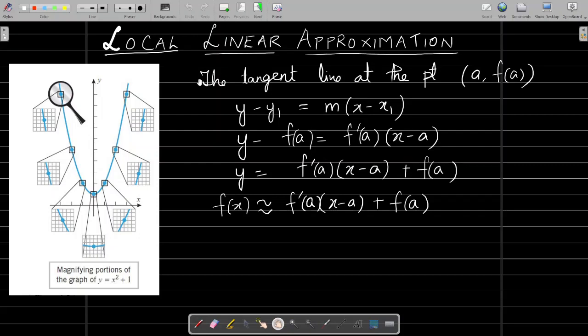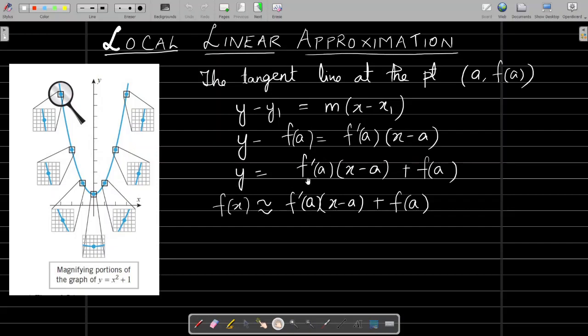Now theoretically speaking, what we are going to do is first write down the equation of the tangent at a given point. So suppose we have a point x1, y1, we know the equation of the tangent is y minus y1 is equal to m into x minus x1. So at a given point a, f of a, the equation of the tangent will be y minus f of a is equal to f dash of a into x minus a.